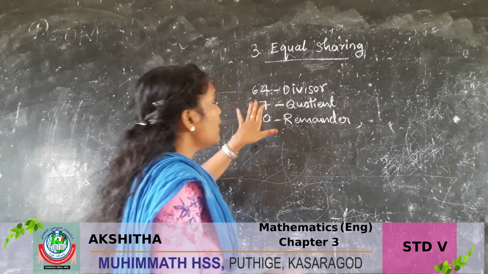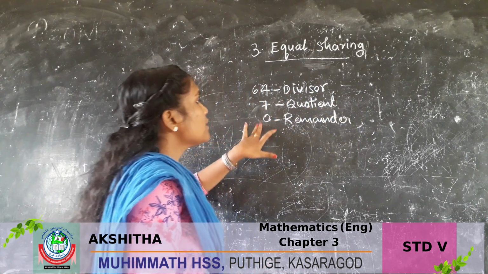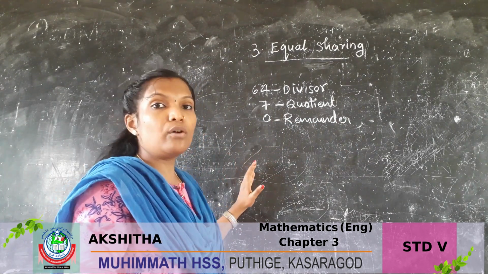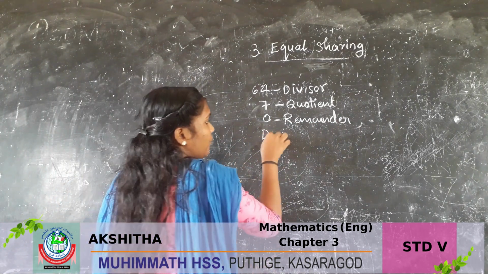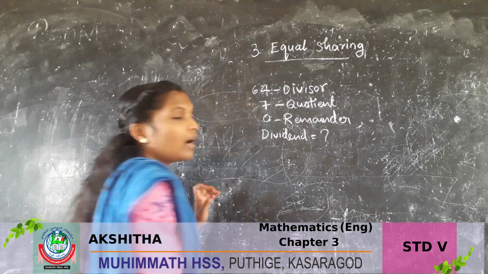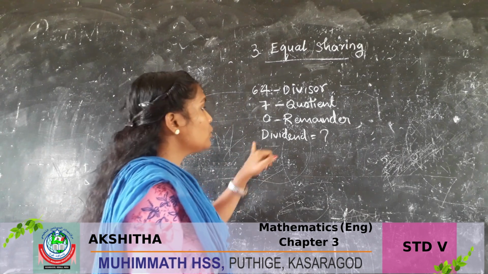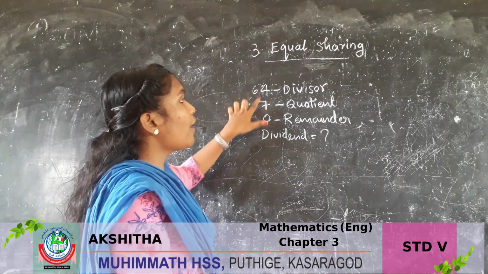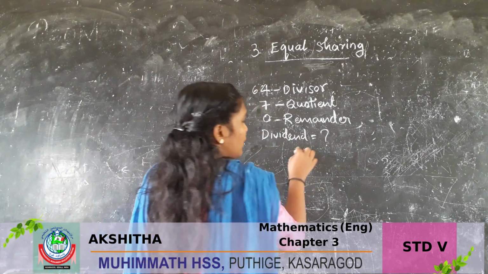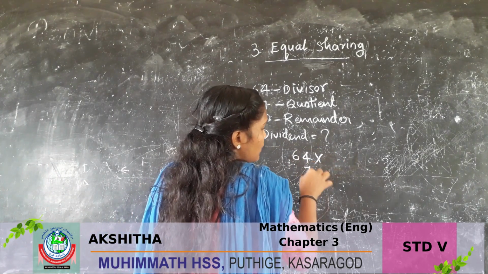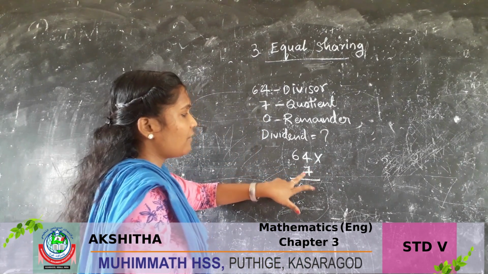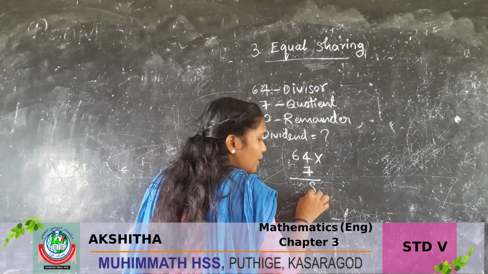64 divisor, 7 quotient, 0 remainder. Here we have to find out the dividend. How can we find out? To find out the dividend, we have to multiply this. 64 into 7. 7 4 times 28.